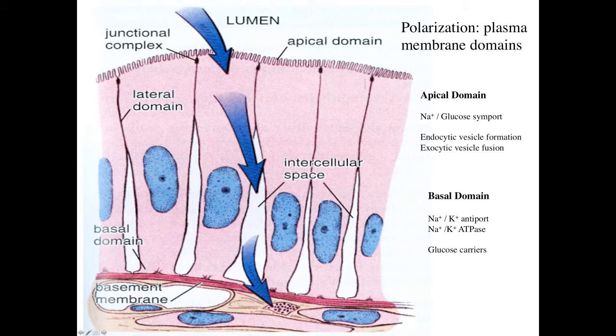As we suggest, there are some junctional complexes in epithelial cells. We've talked about the sodium glucose symporter. We will talk about endocytic and exocytic vessel formation. We've talked about glucose carriers, and we've mentioned, for example, the sodium potassium ATPase, and there are sodium potassium antiporters that can be found in the basal domain of epithelial cells.